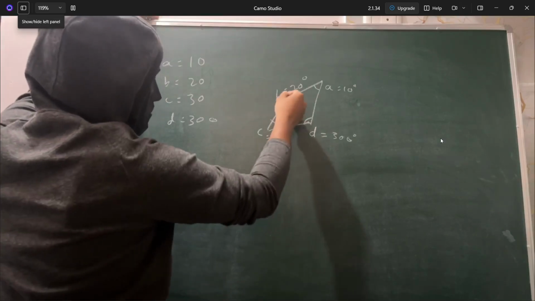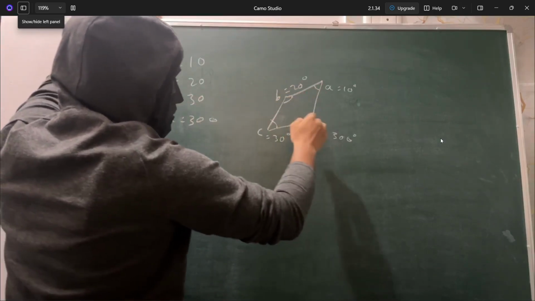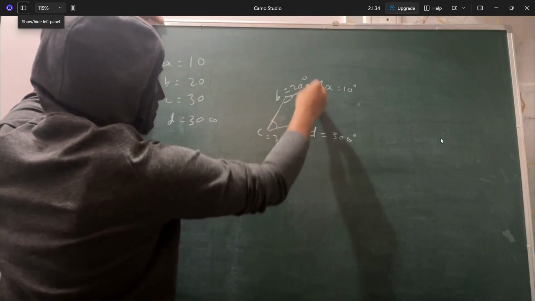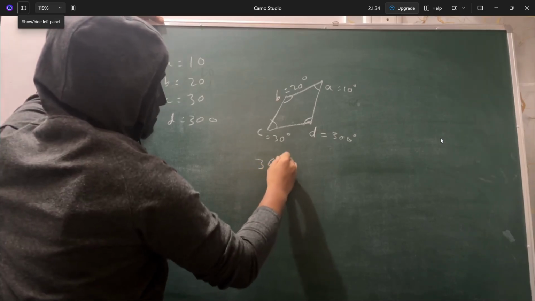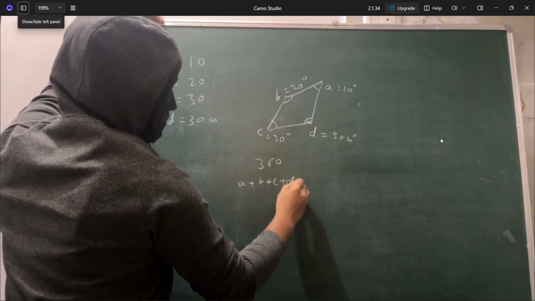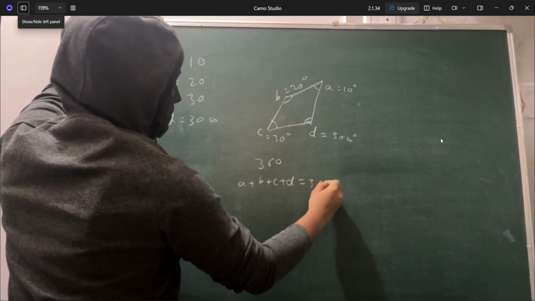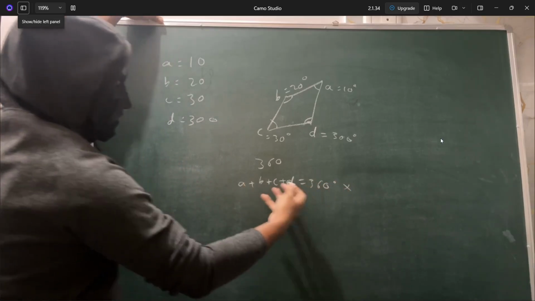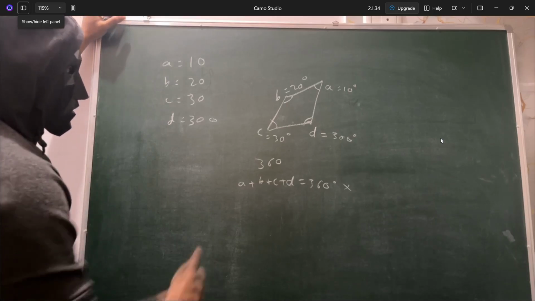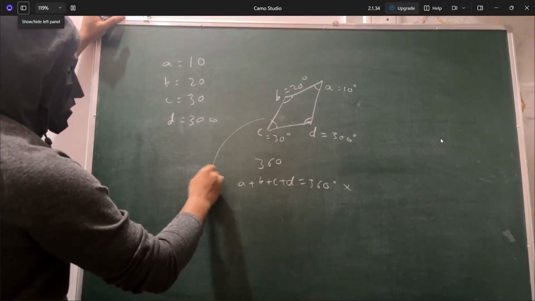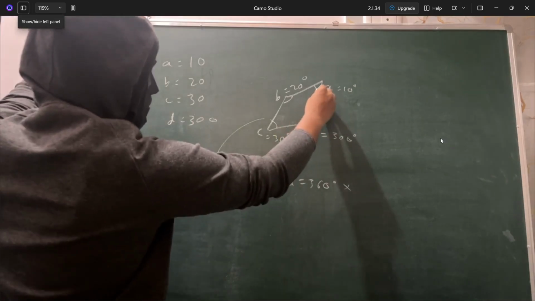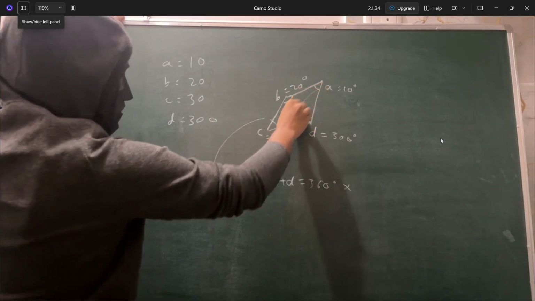For four-sided shapes, the sum of all the angles is 360 degrees. If you sum up a plus b plus c plus d, it will be 360 degrees. This is not stated in our question, I'm just saying it for knowledge purposes. One more property of a quadrilateral is that the sum of opposite angles will be 180 degrees. This is a, and opposite to that we have this one.